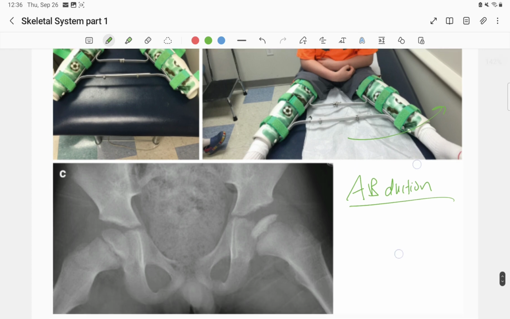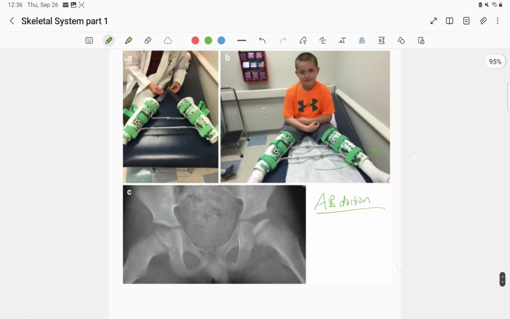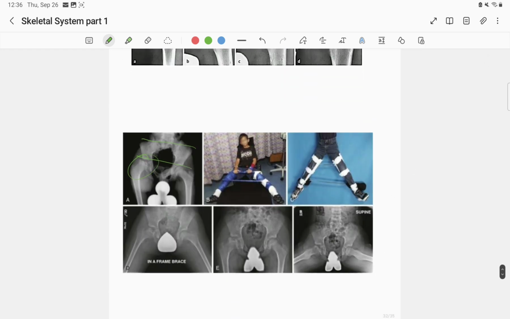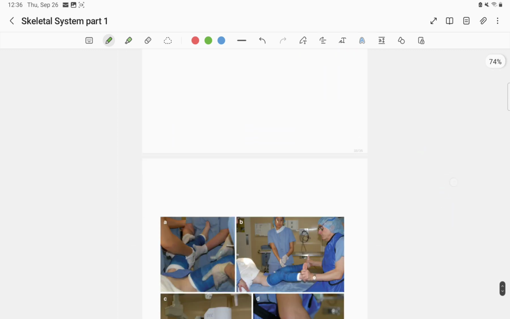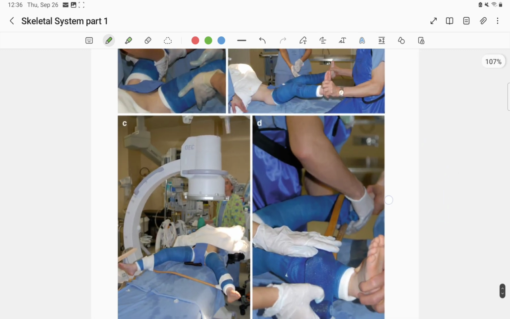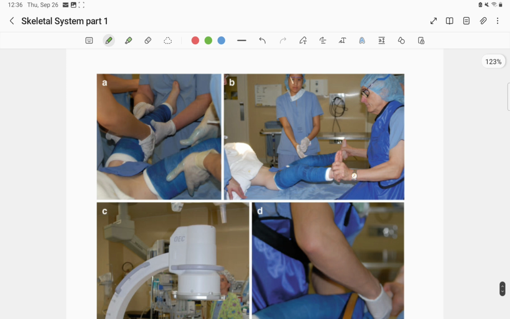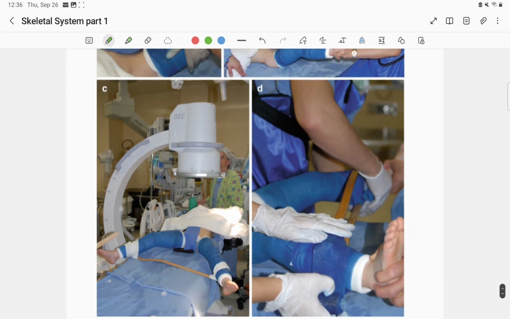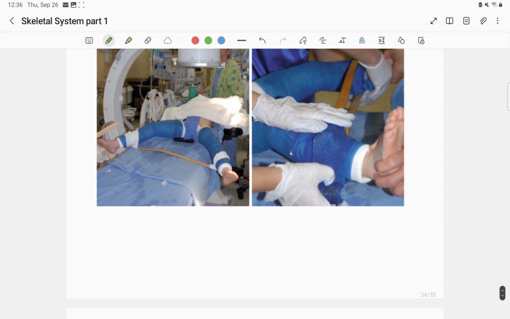And it's casted, and they're held in that position for a while to try to help with the correction to the femoral head there. Okay, some other pictures of some medical procedures to help with Legg-Calvé-Perthes.